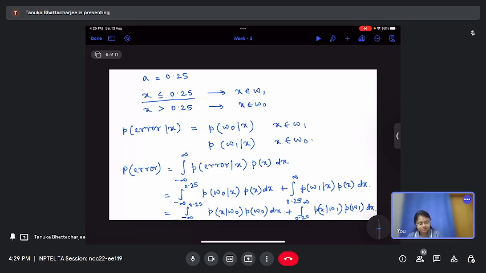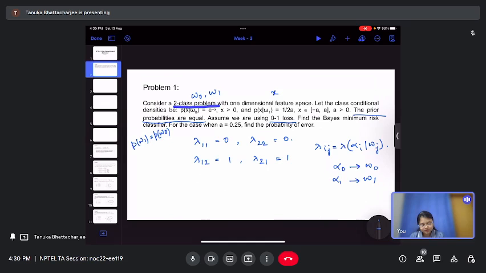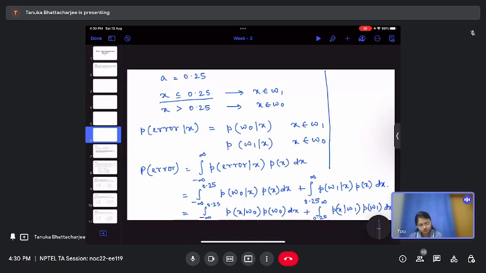Now I'll do the rest of the part here. Okay, so probability of x given omega 0 is e to the power minus x for x greater than 0. So this integration will become 0 to 0.25 of e to the power minus x, and since both the classes are equiprobable, the probability of each class will be half. So half dx.